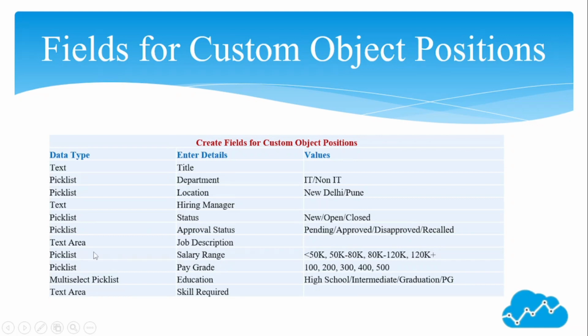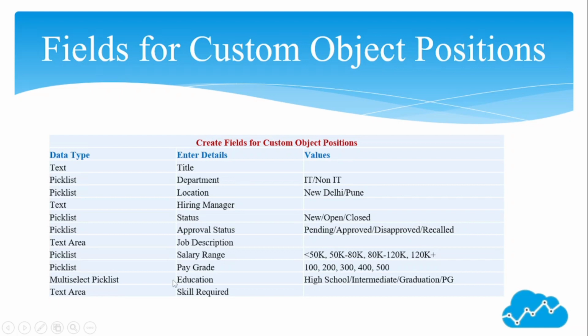Job description, I am taking Text Area. Salary range would be the picklist type, and here is some categorization of the salary range, like under 50,000, then 50 to 80,000 and more. Next is pay grade, this is of picklist type, then 100 pay grade, 200, 300 and more.